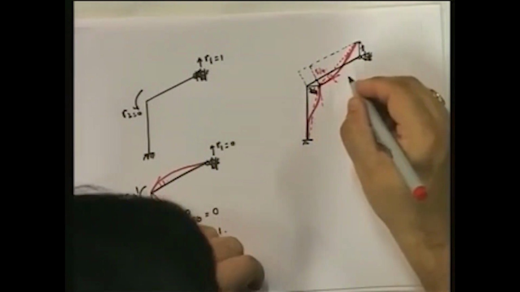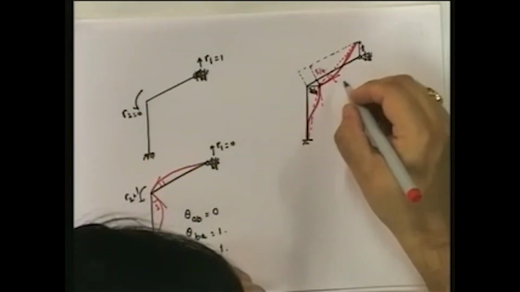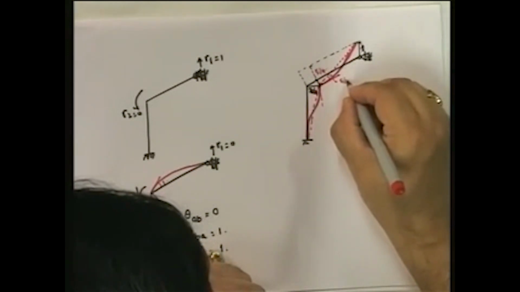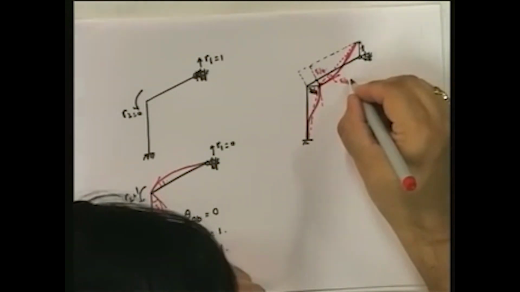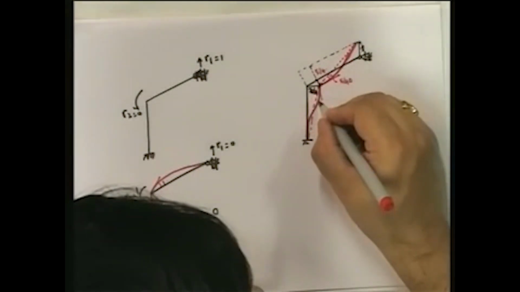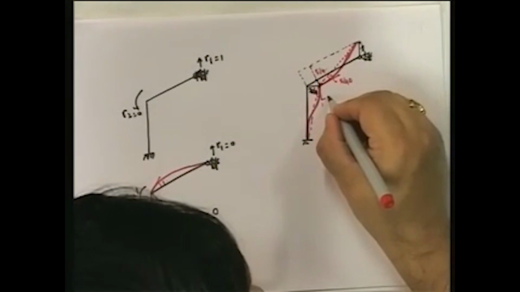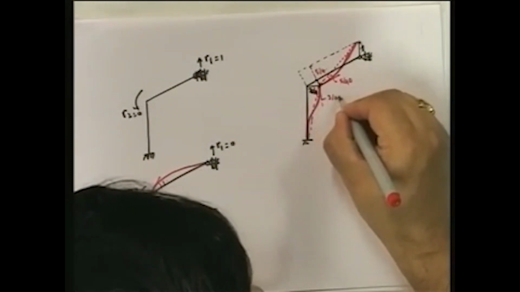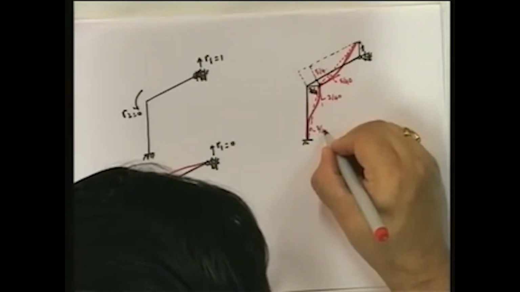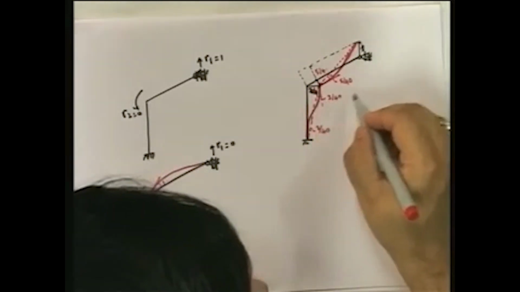and this is my angle. This angle, if you look at it, is equal to 5 by 4 divided by 10, so it's 5 by 40. This angle is equal to 3 by 40. This angle is equal to 3 by 40, that is 3 by 4 divided by 10.